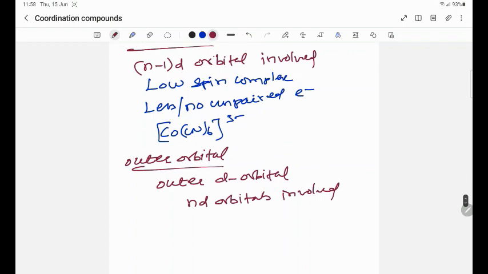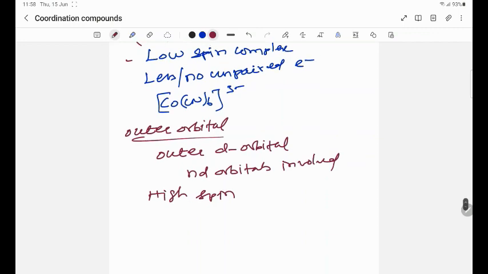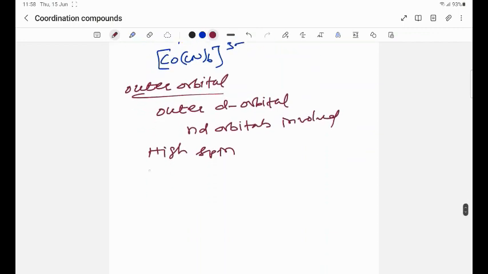Then just the opposite of low spin, here it is high spin. It is also known as high spin complex, and it will have a large number of unpaired electrons.